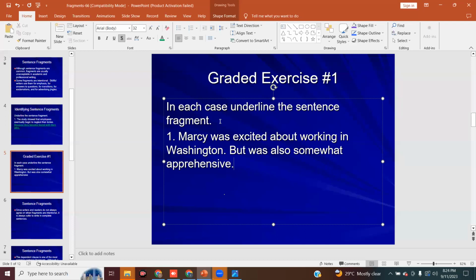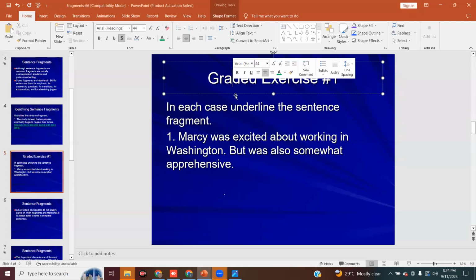All right, by the way, before I even do this, in the chat I want you all to put synonyms of apprehensive. It doesn't matter if you go online. If you know it off the top of your head, you can give it, but if you don't know it, look it up. Give me some synonyms for apprehensive before you answer this graded exercise.